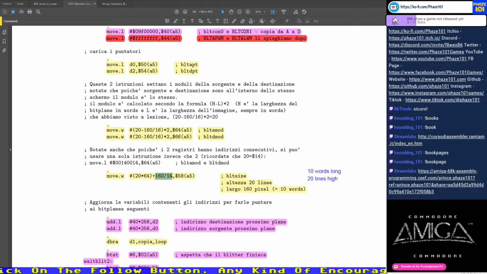Here it says 160 is the width of the word Commodore. We have to specify that in words, so division by 16, and that is 10 words. So we're copying 10 words, of a height of 20.